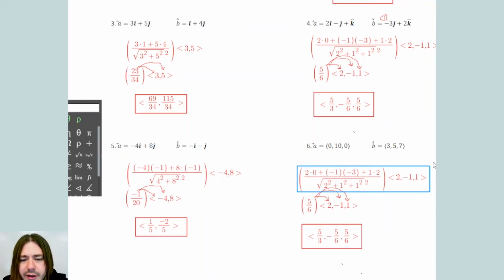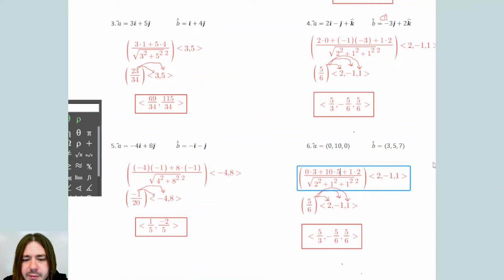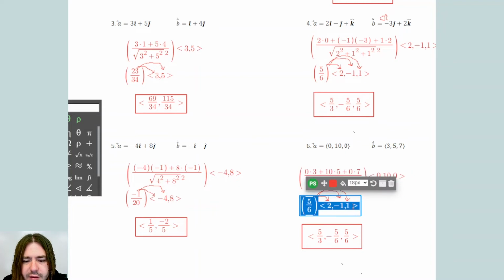Hopefully we don't need a calculator. 0 times 3 plus 10 times 5 plus 0 times 7 all over the square root of 0 squared plus 10 squared plus 0 squared. And then the vector we're projecting onto is 0, 10, 0. So it's just going 10 units in the vertical direction. So let's go ahead and simplify what we've got there.